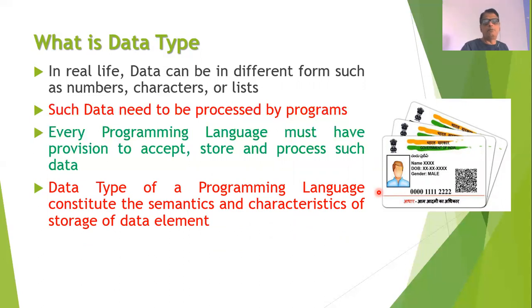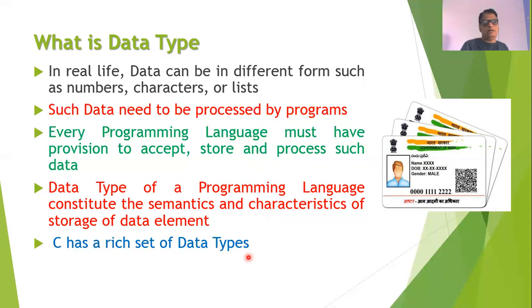The data type of a programming language is a kind of semantics and characteristics of the storage of the data element. That is, every programming language must provide some means by which the different types of data can be accessed through the program, can be stored in the memory, and can be further processed whenever required.